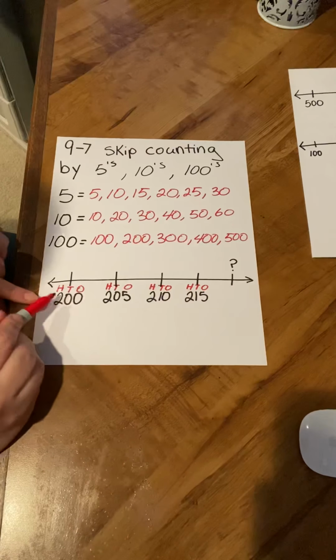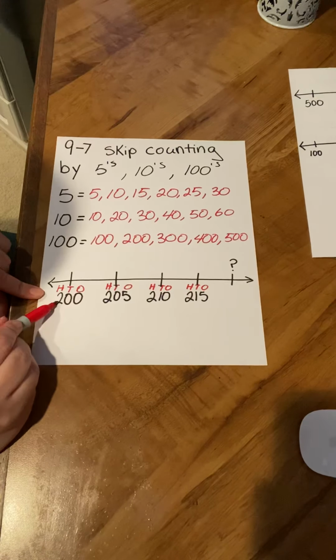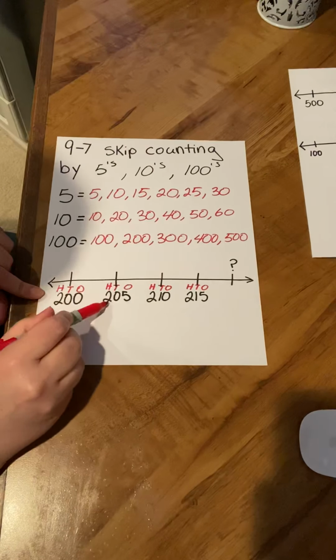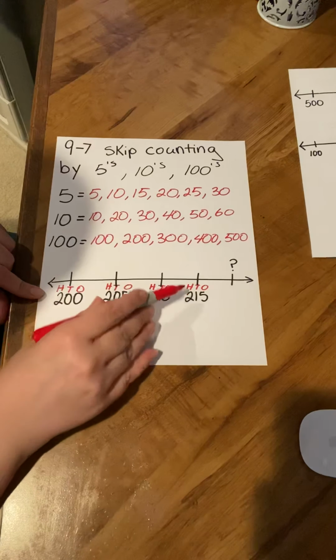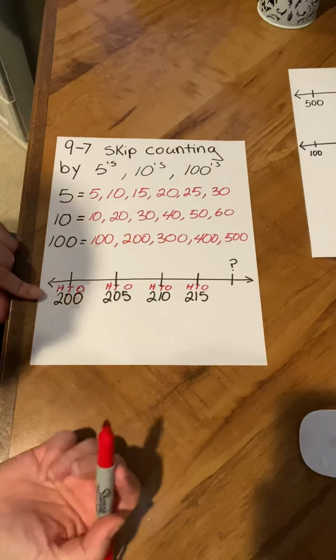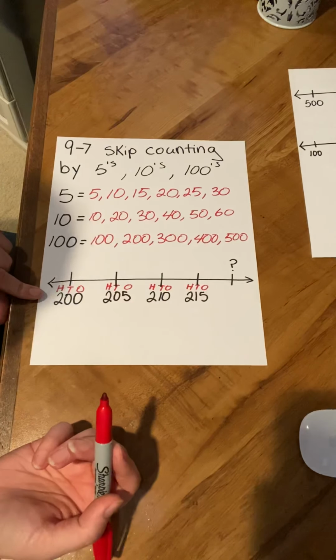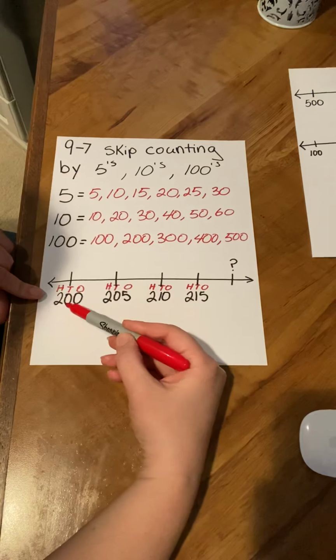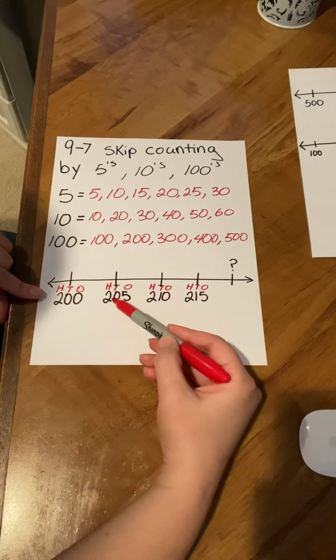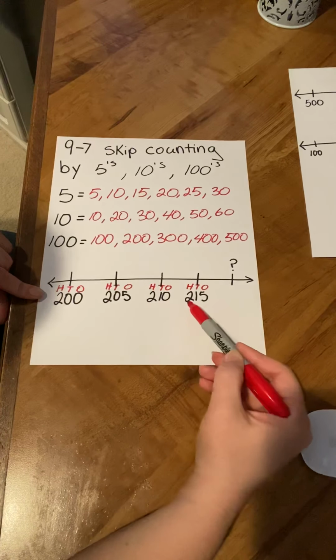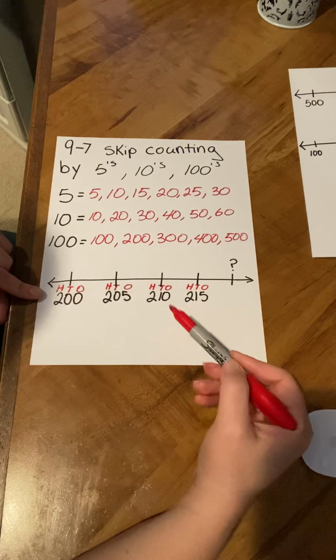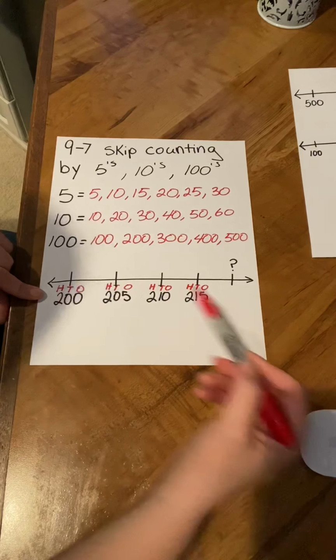Let's look at the hundreds place. Hundreds, 2. Hundreds, 2. All of the hundreds are 2. How about tens? 0, 0, 1, 1. Kind of sounds like a pattern to me.